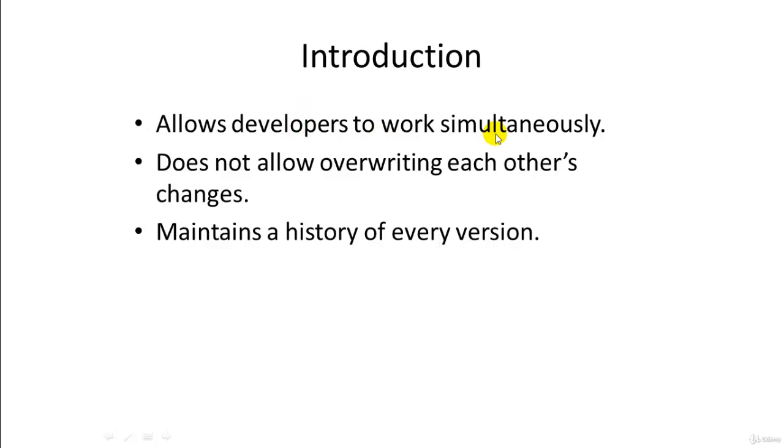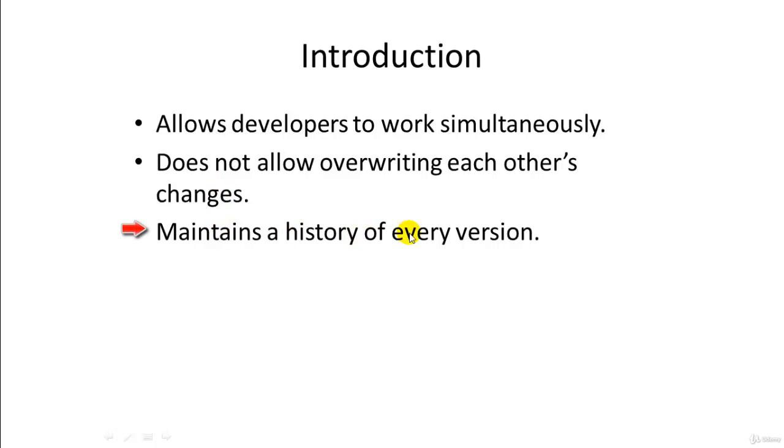That is the first plus point about version control system. It does not allow overwriting each other's changes. So as I mentioned, if a mistake is made by a developer, they can turn back the clock and compare earlier versions of the code to help fix the mistake while minimizing disruption to all team members.